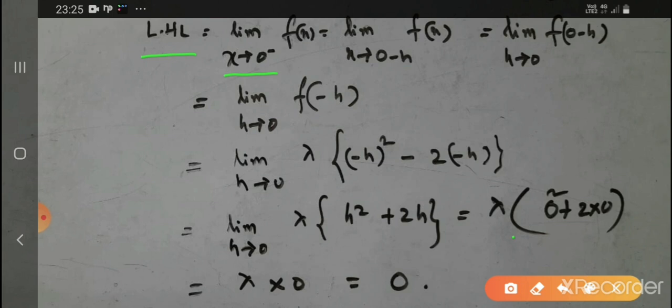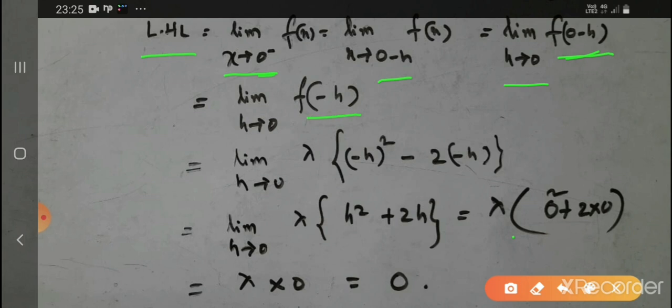H is a very small positive number. So we write this 0 as 0 minus h. And as per the limit, this is limit h tends to 0 of f of 0 minus h, which is f of minus h.